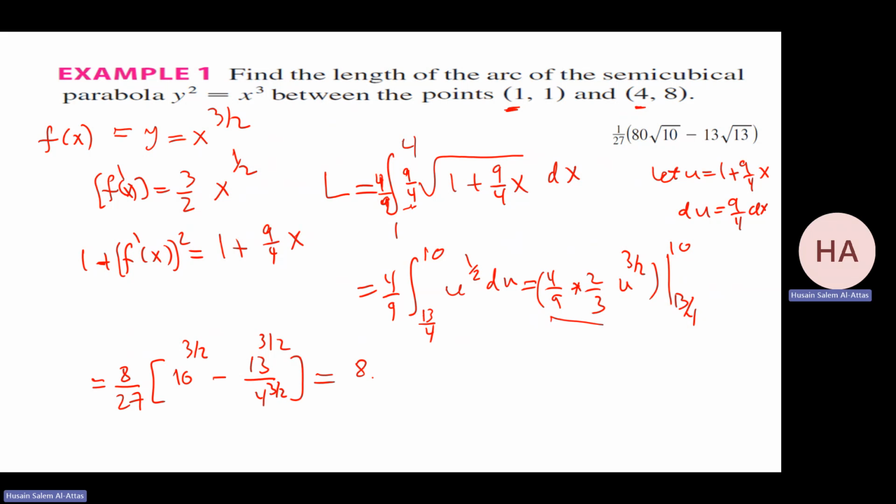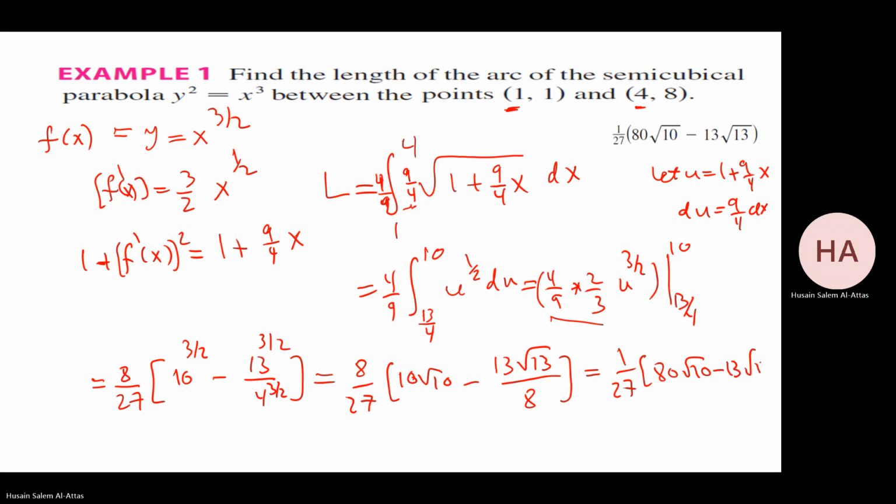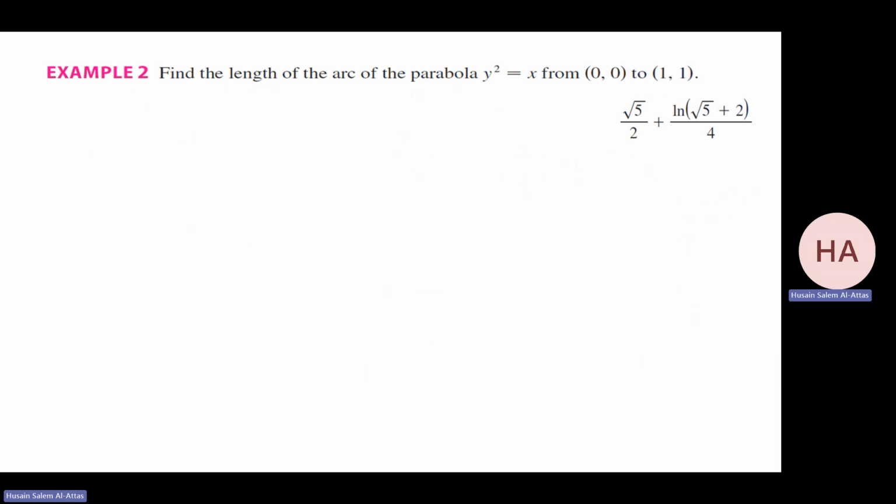And that gives me 8 over 27 times the square root of 10 cubed, that will be 10 square root of 10, minus the same thing here, 13 square root of 13 over square root of 4, which is 2, cubed 8. Multiplying the 8 inside, I have 1 over 27 times 80 square root of 10 minus 13 square root of 13, which is this. So as I say, this is a matter of calculation.